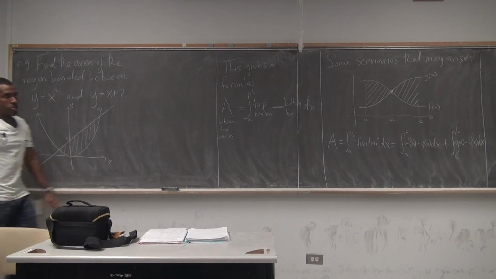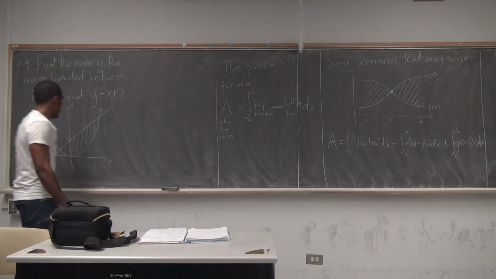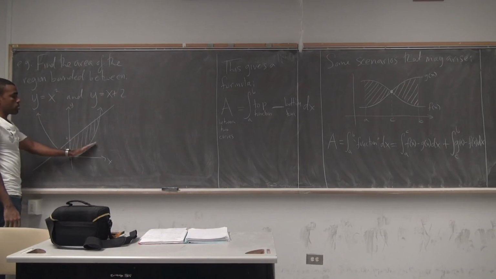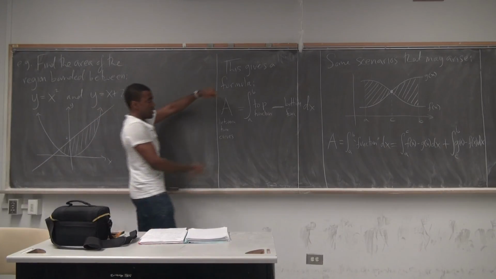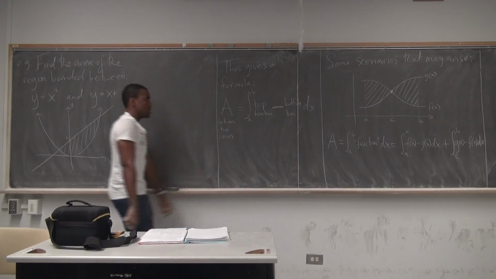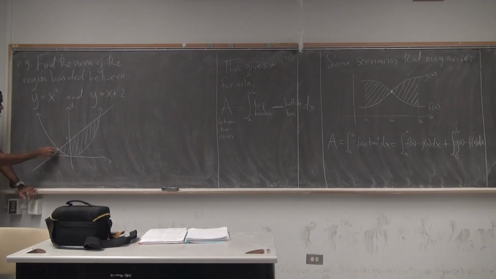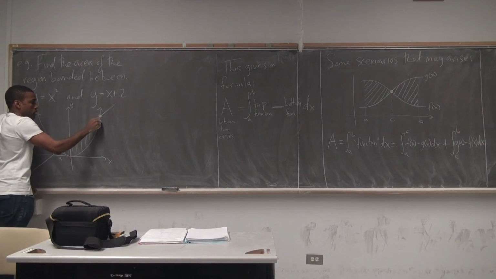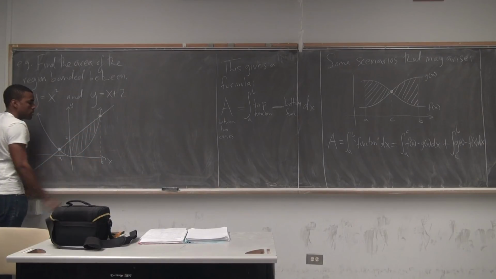Now remember what the formula to find the area between two curves is. You take the integral of the top function minus the bottom function. But because it's an area, it's actually a definite integral. How do I find these two values here? Well, those two values refer to the endpoints of the shaded region. So it's going to be here, that will be my a. This point here, that will be my b.